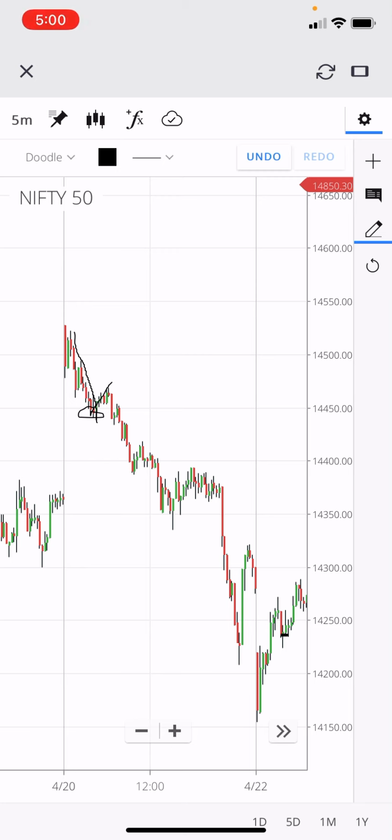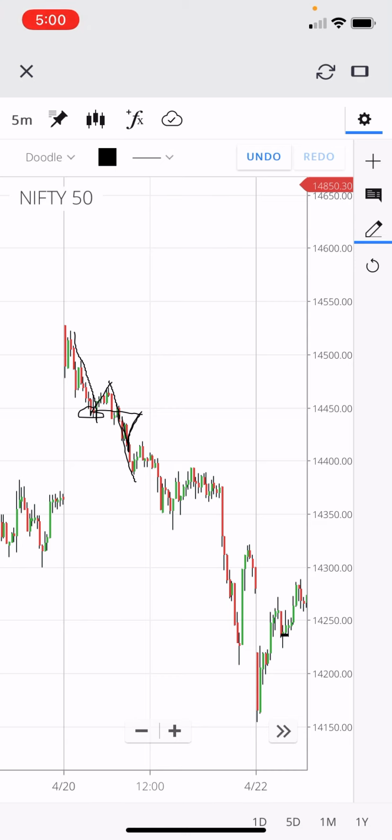Then later on, the market broke that area and then fell down. So in this area, let's say we might miss the trade since the pullback did not come. So we'll just leave it. If the pullback doesn't come, then just leave that trade.